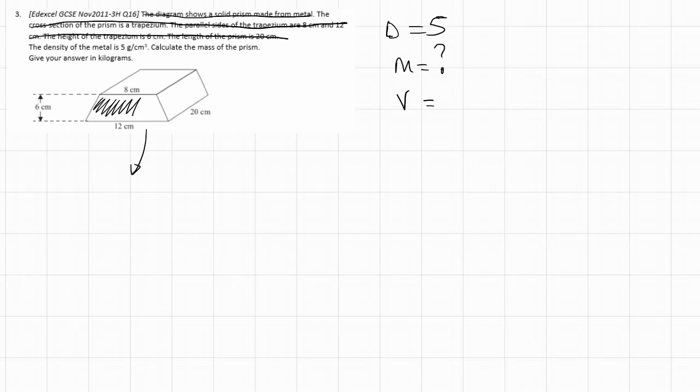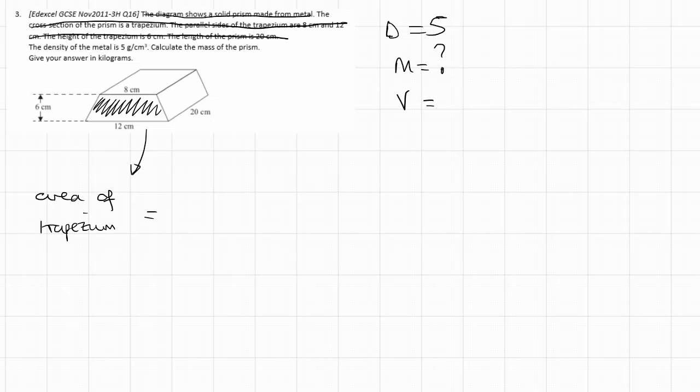We need to find the volume of the front face. Area of a trapezium is one they like to chuck in because it's a bit harder than just an area of a triangle or a rectangle. This is a formula you need to know, or at least know how to do.